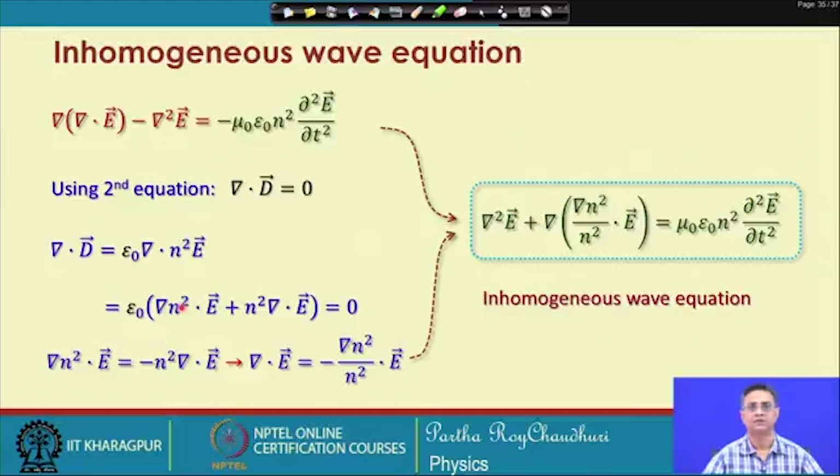So, this quantity must be equal to minus of this, that is, del n square dot E equal to minus n square del dot E, which gives you del dot E equal to minus del n square by n square dot E. So, this time it is not 0, which was 0 in the case of a homogeneous medium, but this time it is not.